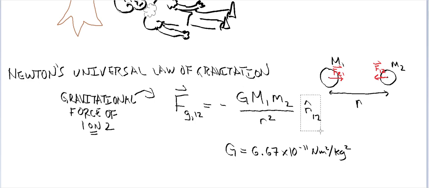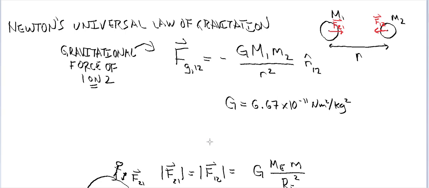It only provides a direction. Capital G is 6.67 times 10 to the minus 11 Newton meters squared over kilogram squared. I think that you'll probably use this enough times that it will roll off the tongue nicely. 6.67 times 10 to the minus 11 Newton meters squared over kilogram squared.